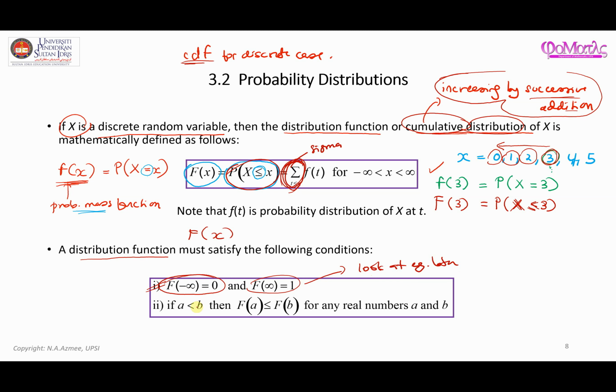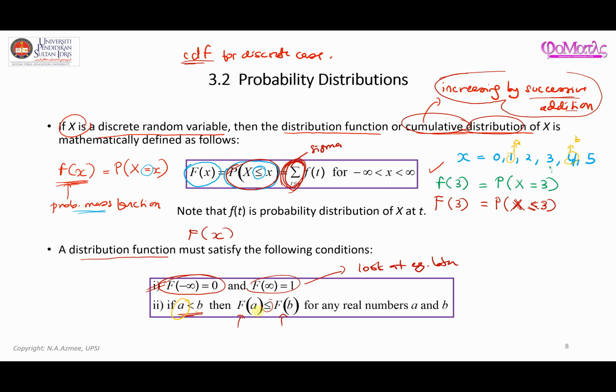Next, if A is less than B, then the cumulative distribution function for the value of A is going to be less than or equal to the one for B. Basically, I can give you a simple example. If we consider the values of x as 0, 1, 2, 3, 4, 5, let's say this is the value of A and this is the value of B. Clearly A is less than B, 1 is less than 4.